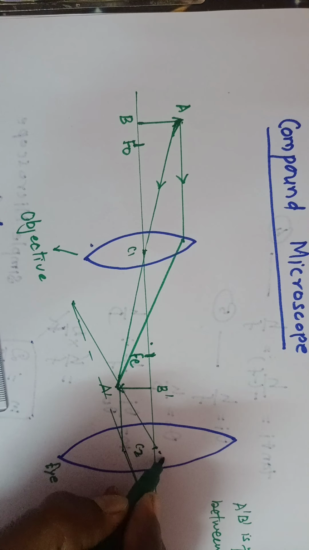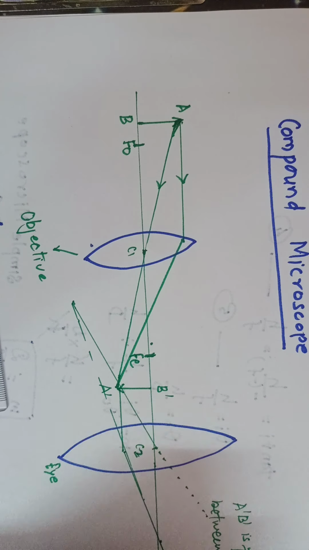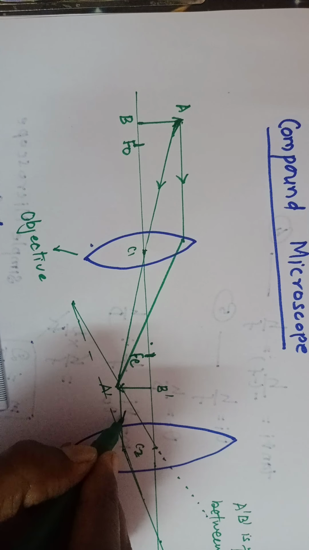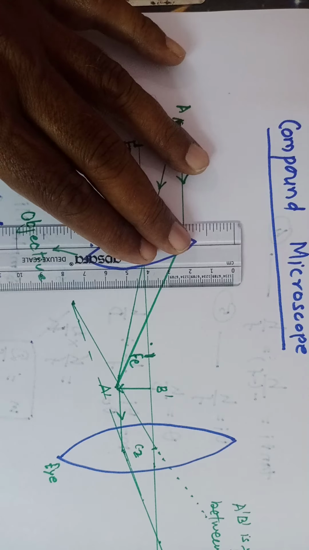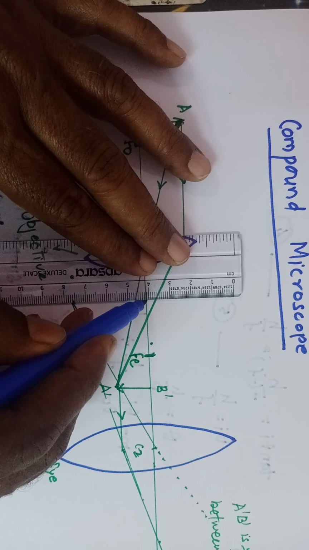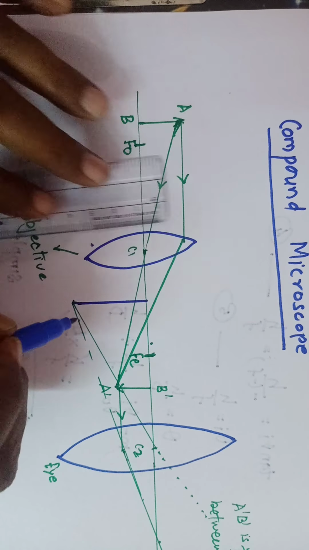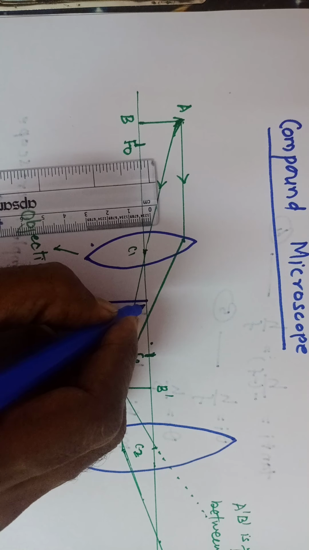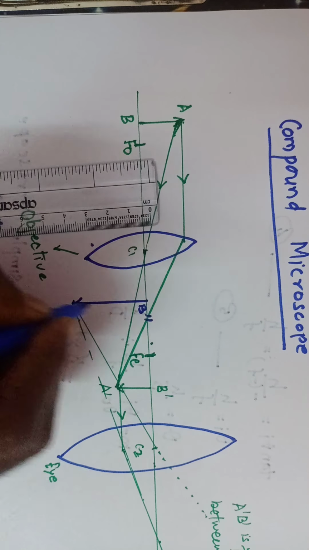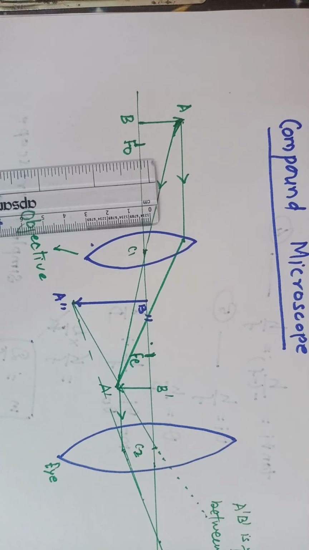So these two rays will form the image here, and that will be the final image at the least distance of distinct vision, and we can name it B double dash A double dash. It is the final image.